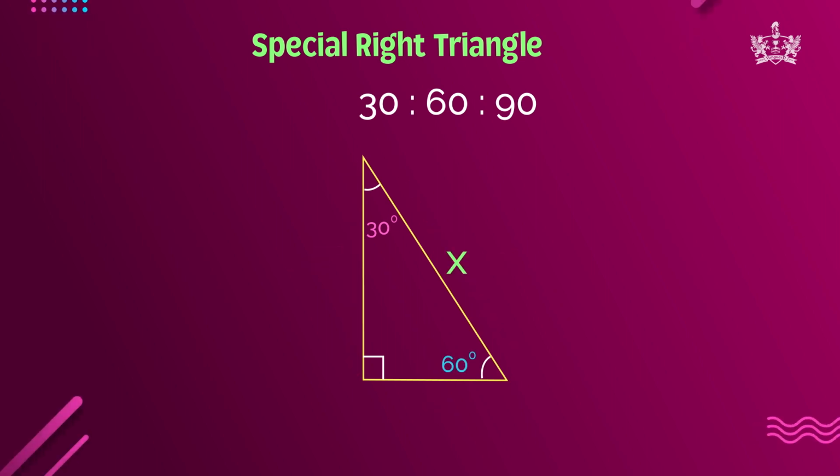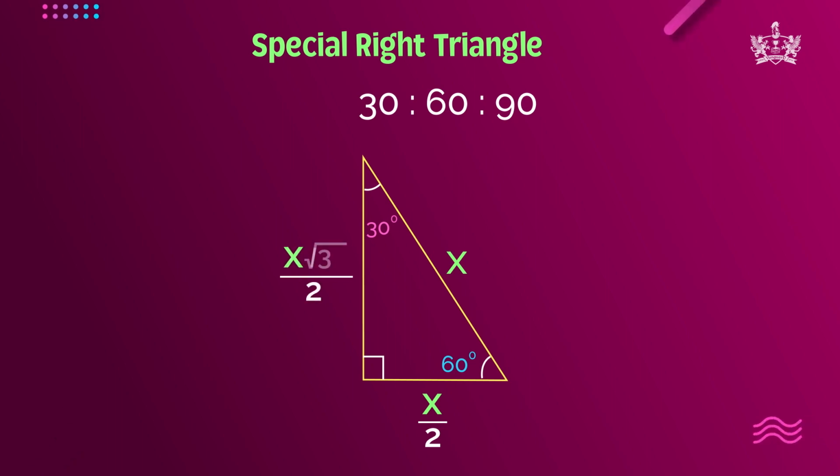Let's continue with the hypotenuse. We remember that it is twice the size of the smaller side, so we would do the opposite to find the smaller side and divide it by 2. Then we know that the side opposite the 60-degree angle is the smaller side times the square root of 3. So it would be half the hypotenuse times square root of 3.